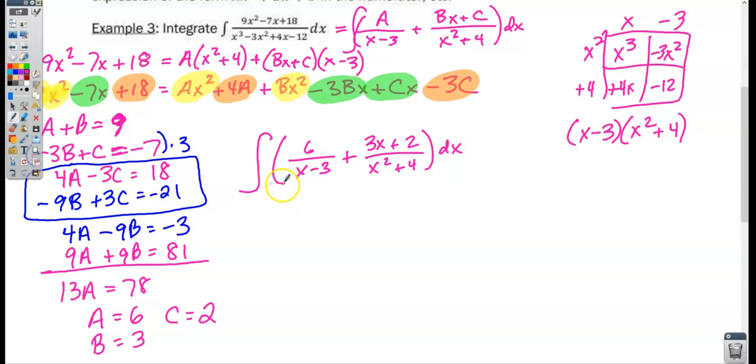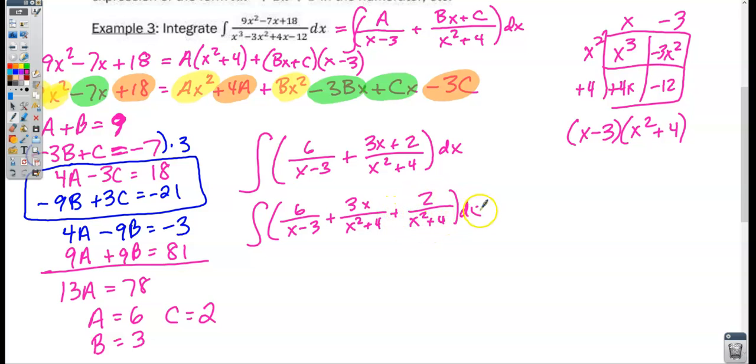And usually what we have to do in one of these problems is split this into 2 integrals. So we'll turn this into 6 over x minus 3 plus 3x over x squared plus 4 plus 2 over x squared plus 4. Okay, so this is going to be 6 natural log of the absolute value of x minus 3.